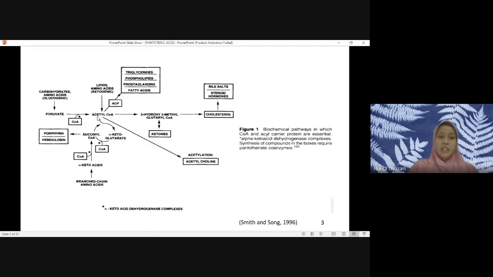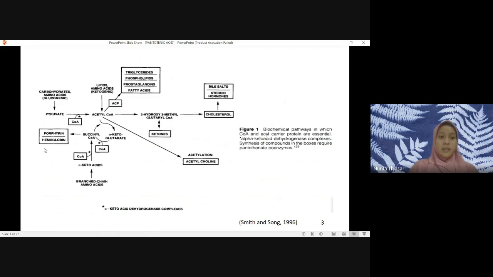And then acetyl-CoA is very essential to build up the ketones and cholesterol, and cholesterol becomes the steroid hormone and bile salt. Another thing, acetyl-CoA is important for acetylation, or acetylcholine.